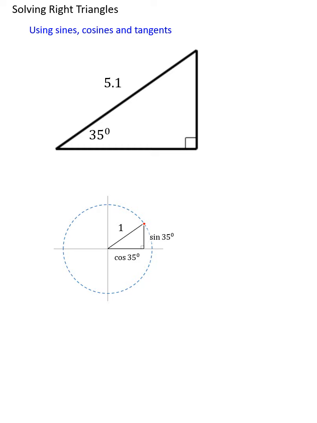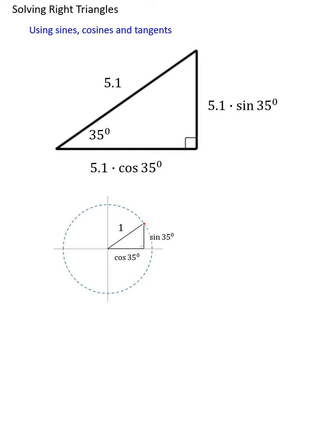So then the logic went like this. If the triangle on top has a hypotenuse of 5.1, and the triangle on the bottom in the unit circle has a hypotenuse, or in this case radius, of 1, then the triangle on top must be 5.1 times larger on all the side lengths, not just the hypotenuses compared.